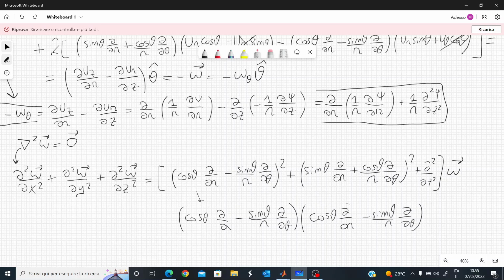So this will only act on this operator here because cosine of theta is independent of r. And then you will apply this to this. And you see that the derivative d over dr will act on this term, 1 over r. And then you will also have to take this one. It will act on this.